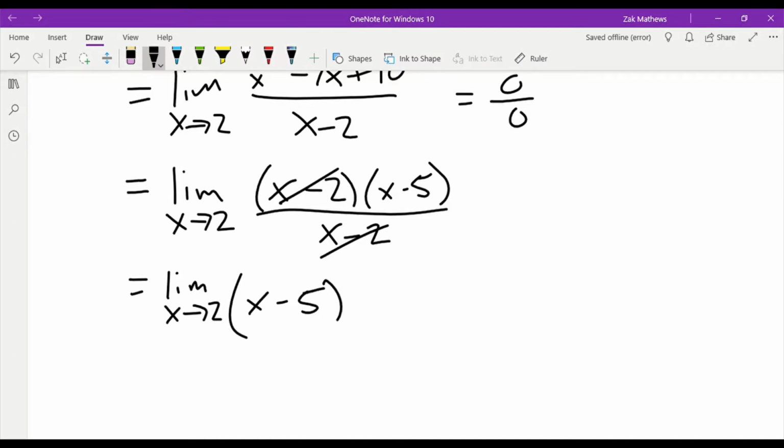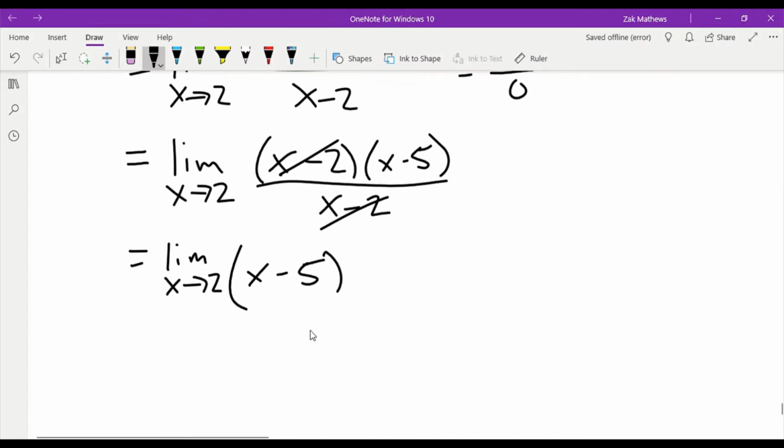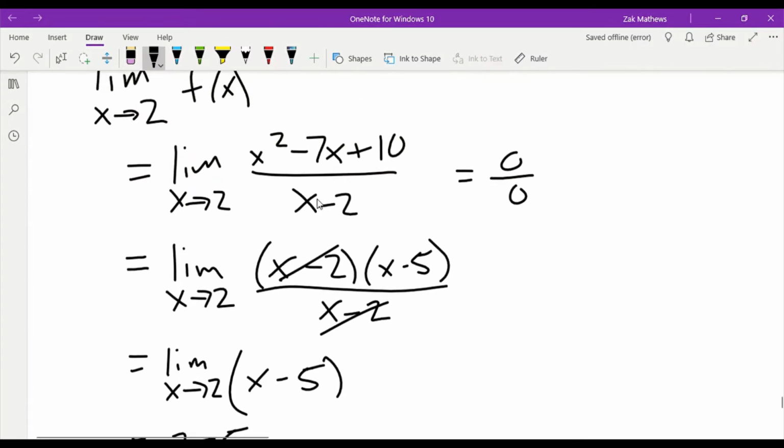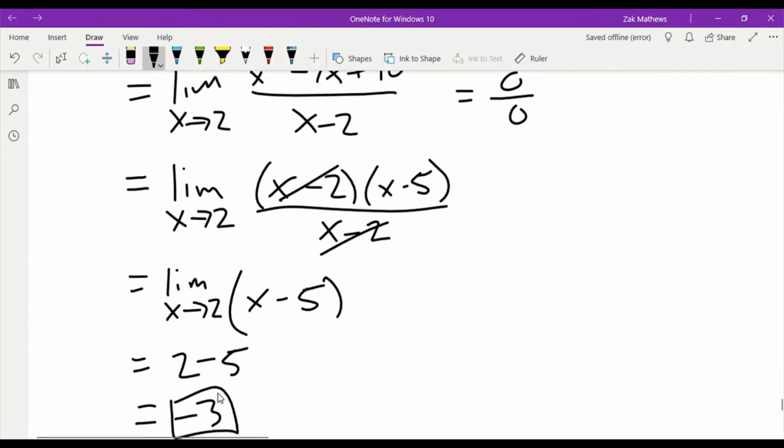And now when we plug that 2 in, 2 minus 5 is just negative 3. We saw this in the last video as a hole, but we see that we can do that extra step. We can continue to do math on this thing, and we end up with a limit value that's not just plus or minus infinity.